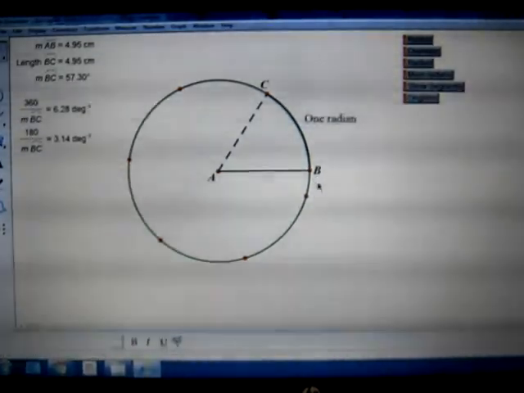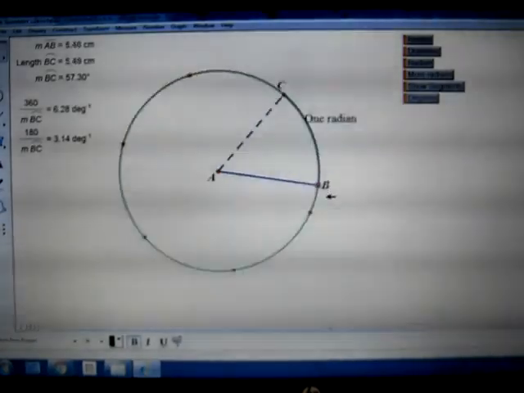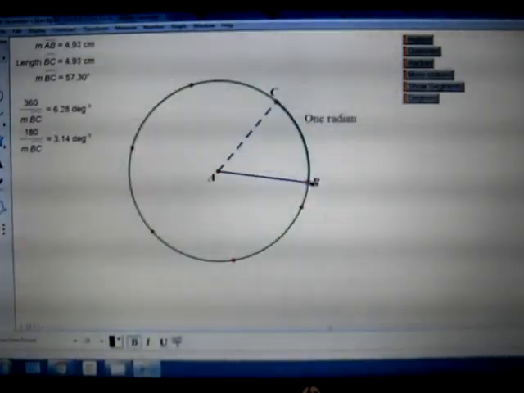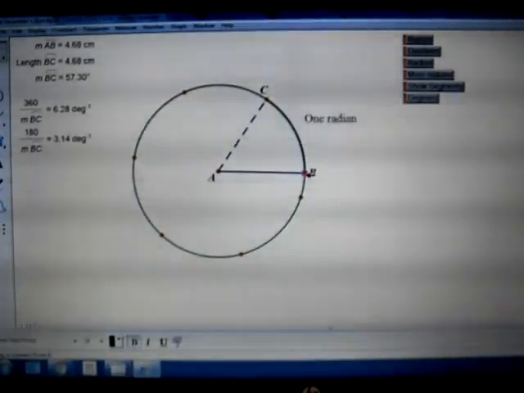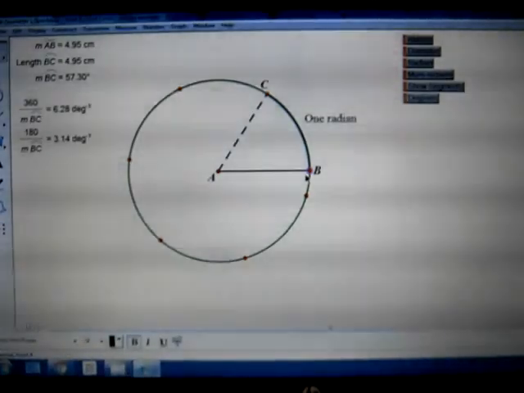So there are always, regardless of the size of the circle, 6 radians and a little bit extra, 6.28, that fit around the circle.